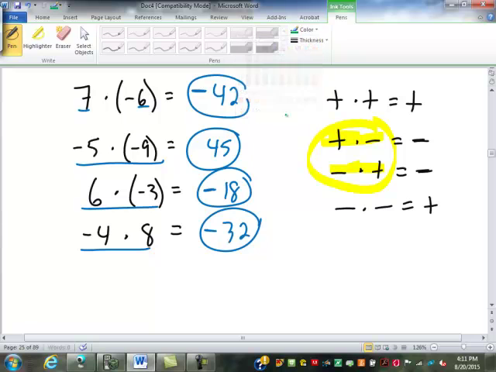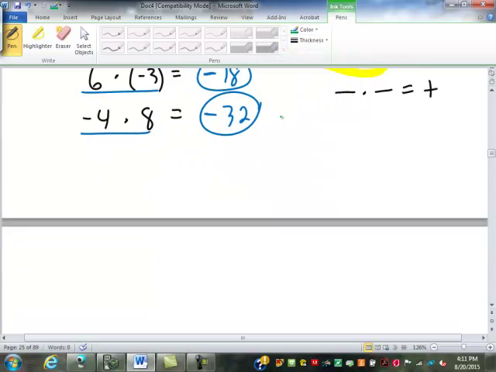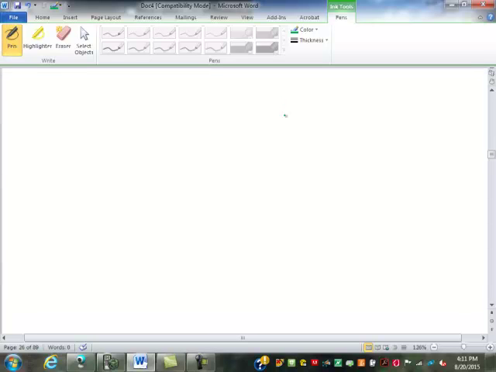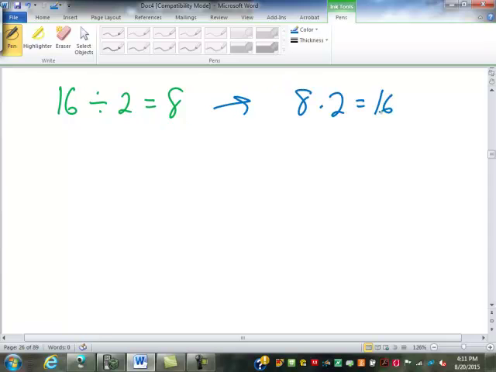Let's look at division. To deal with division, we look at the fact that division is, again, a byproduct of multiplication. 16 divided by 2 equals 8 is defined because, you work backwards, 8 times 2 equals 16. So if I ask you 27 divided by 9 equals what?